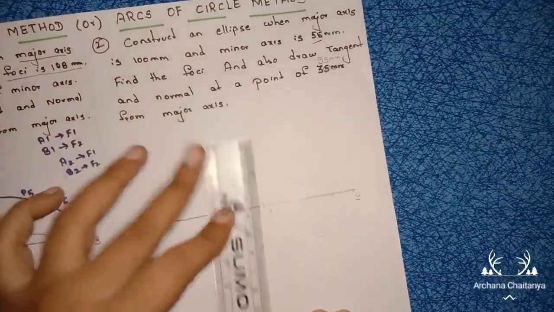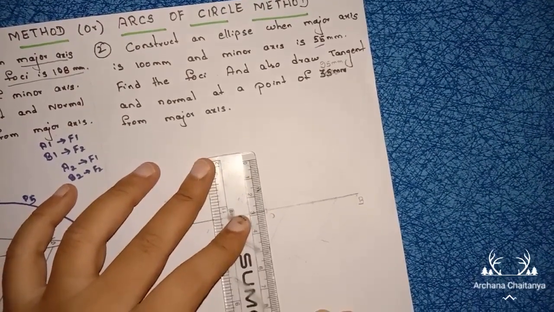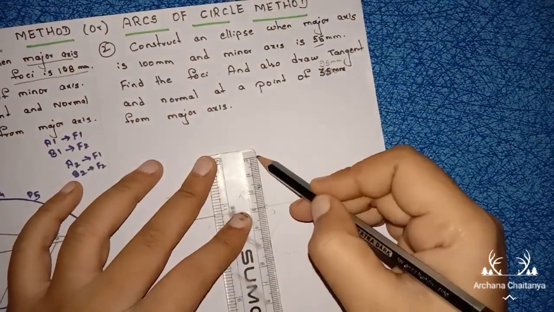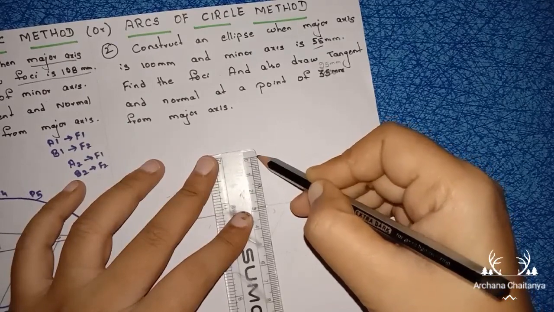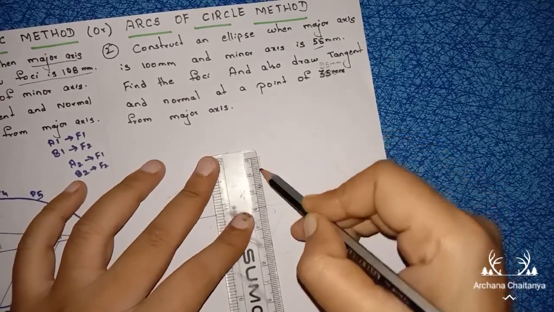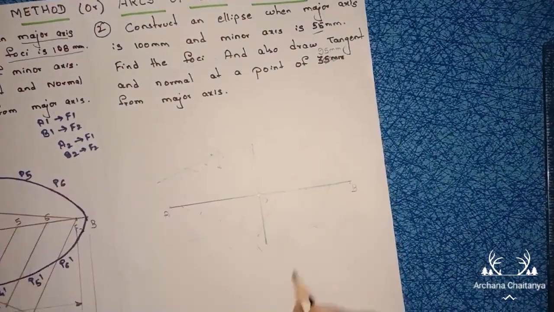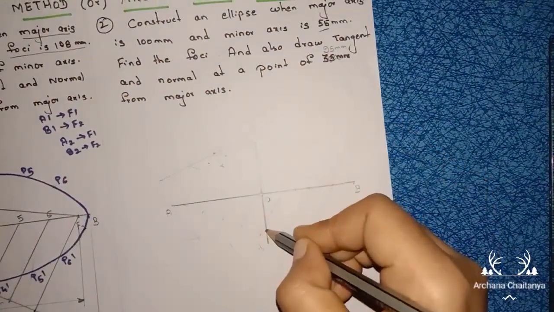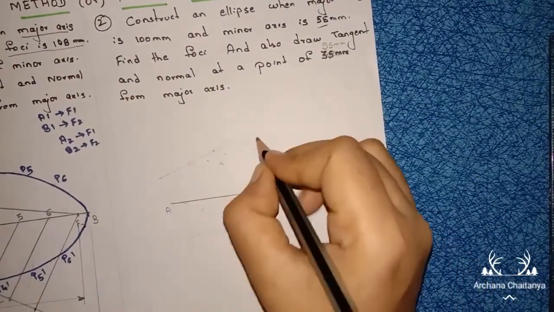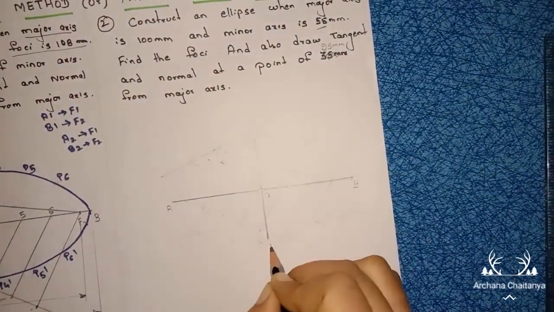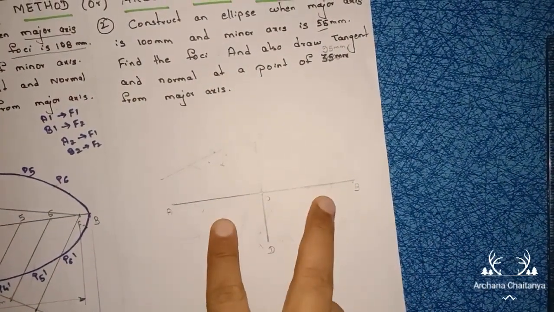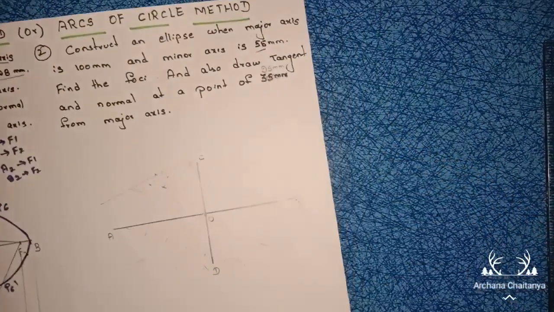So 55 mm means from midpoint 27.5 upwards, 27.5 downwards. 27.5 plus 27.5, 55 mm. Name it as CD. Right, AB is your major axis, CD is your minor axis.